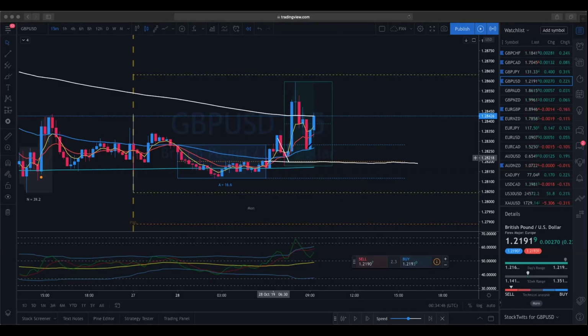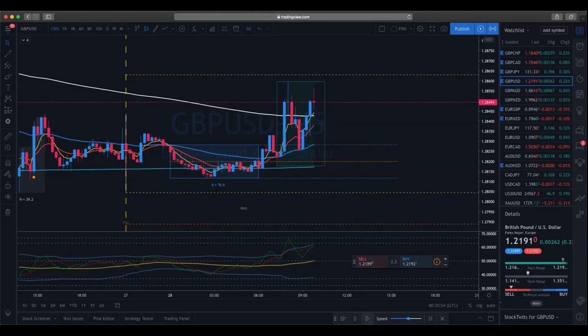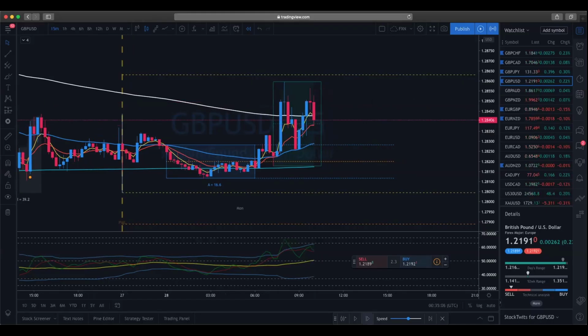Do you see that? See how it doesn't allow price to get to the middle of the range there? All right, so let's see here. Man, that looks almost like a real good type 1, doesn't it?